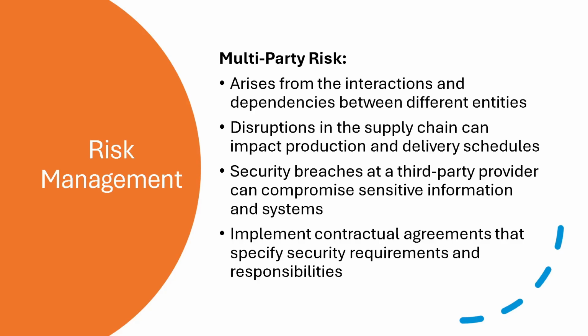A security breach at a third party vendor can compromise the sensitive information and the systems of the organization. Attackers may exploit vulnerabilities in the vendor's network to gain access to the organization's data. In order to mitigate these risks, establish clear contractual agreements with third party partners that explicitly outline the security requirements, incident response obligations, and audit rights.